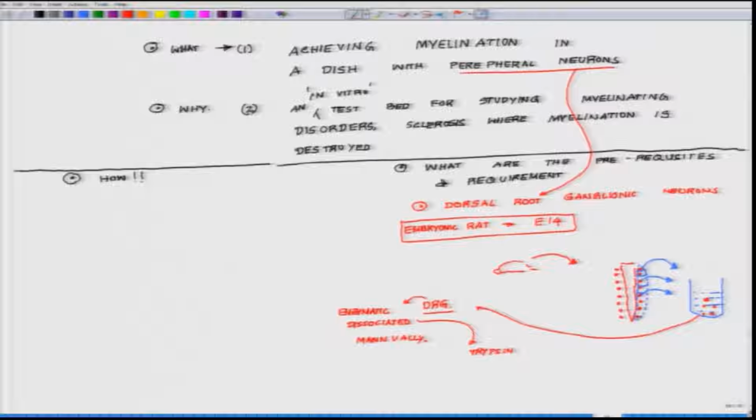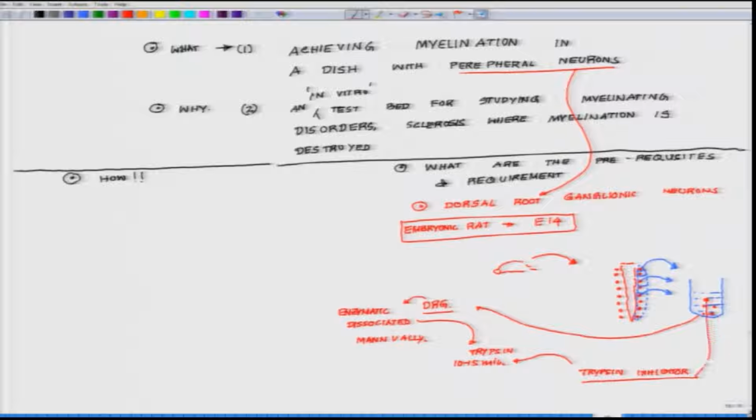Okay. And if you use trypsin, then you have to stop this trypsin reaction after 10 to 15 minutes using something called trypsin inhibitor, because trypsin is going to damage the cells.